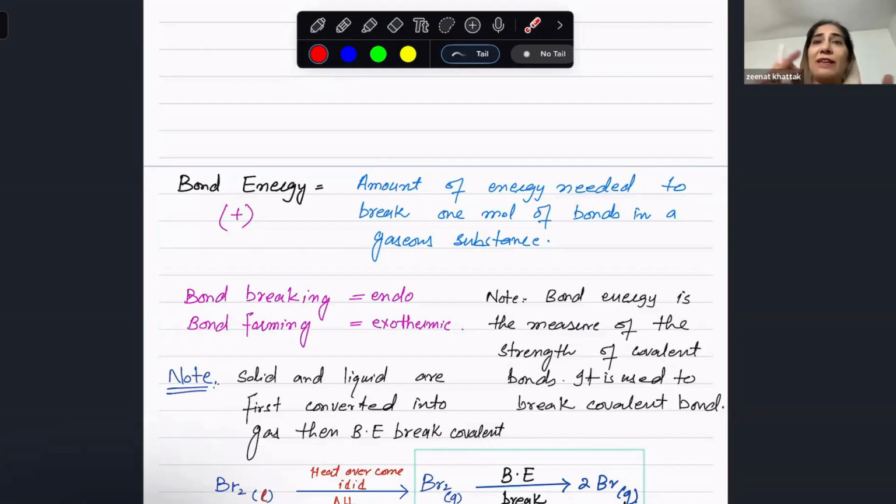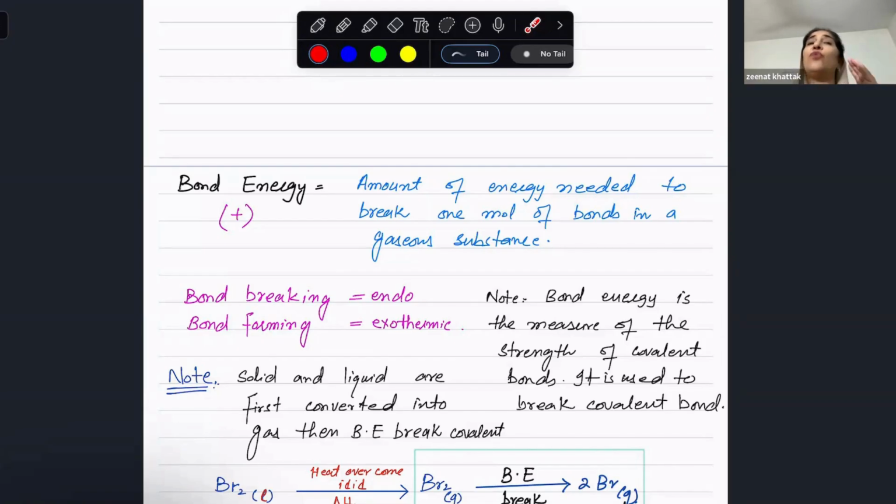Because if something is gas, we are not talking about ionic, we are not talking about the other things. Ionic are just ions. We are talking about simple molecules. When you are breaking covalent bond, that's the energy to break covalent bond, right? Bond energy is the measure of the strength of covalent bond. Higher bond energy, stronger is the covalent bond.